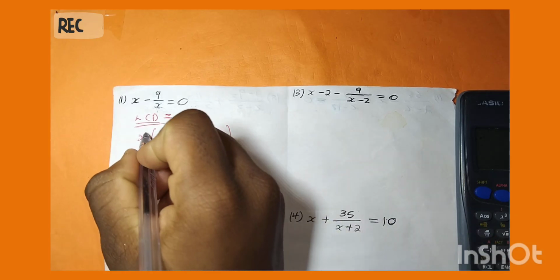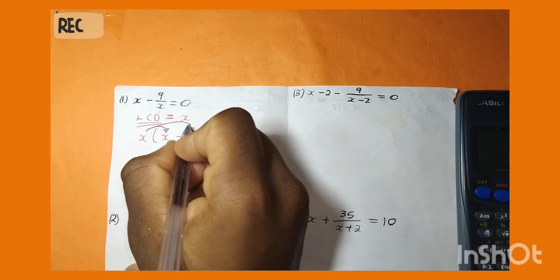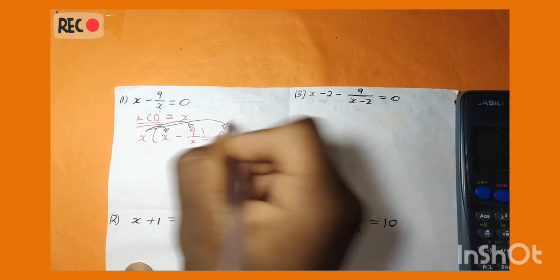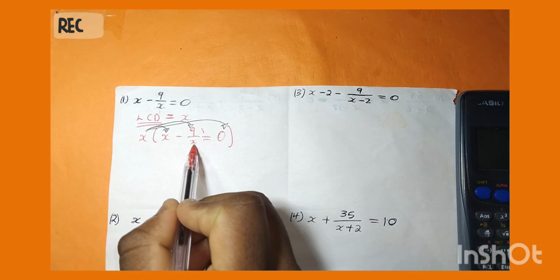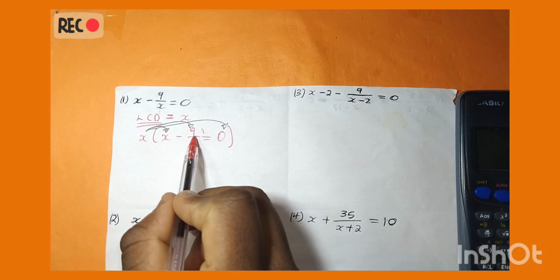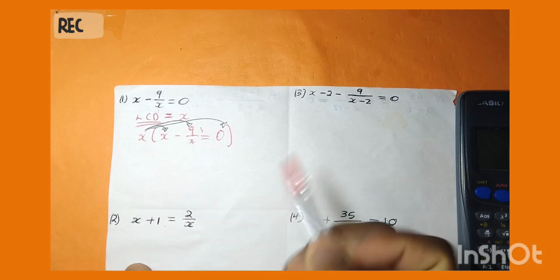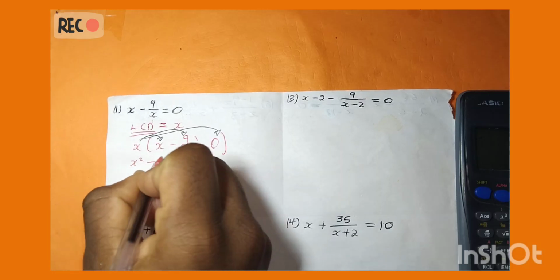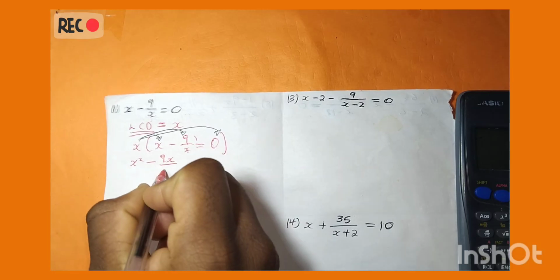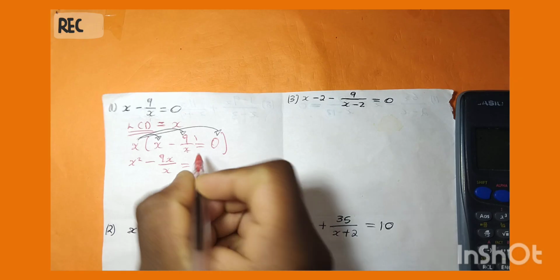Meaning this will multiply here, this will multiply there, and this will also multiply there. And the moment it multiplies here, do you notice that it multiplies upwards and gets cancelled with that x? Or let me just do it for you. It will multiply there on our numerator.